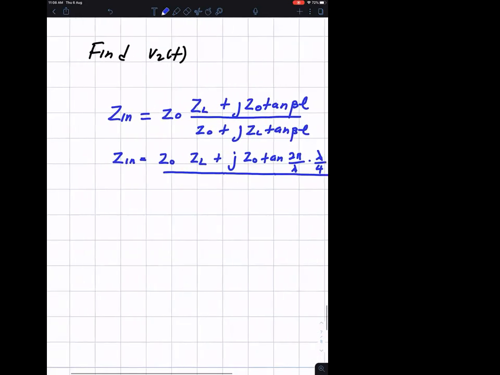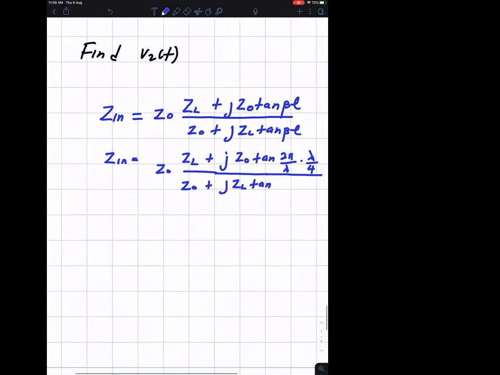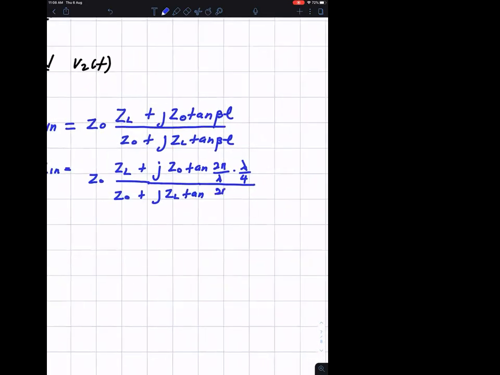Because you guys were not paying attention, I have to do this again: j ZL tangent 2 pi over lambda. If I'm going to go back and review stuff again and again, that's going to slow us down.